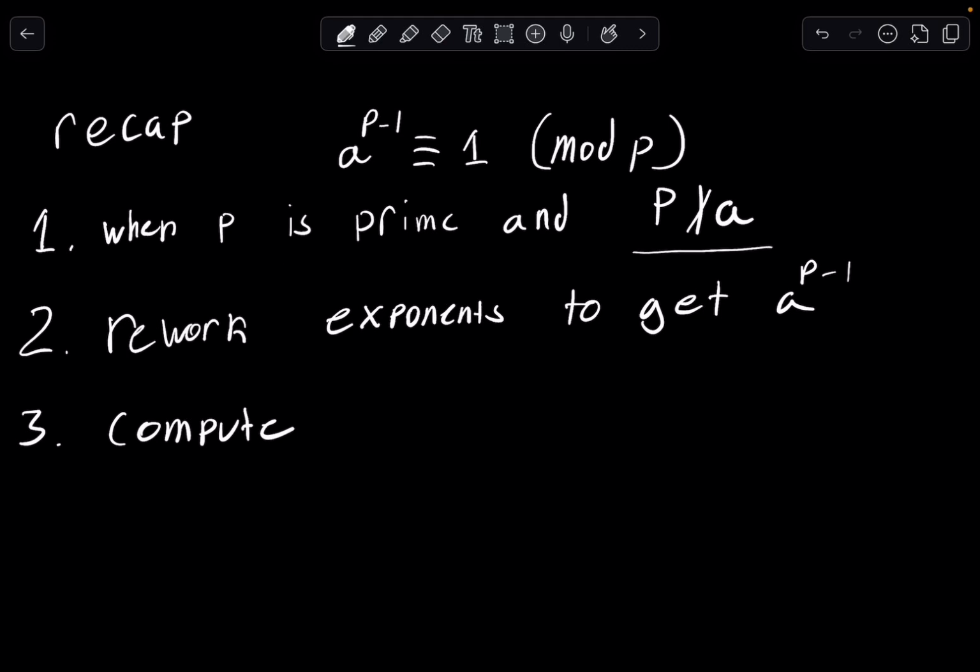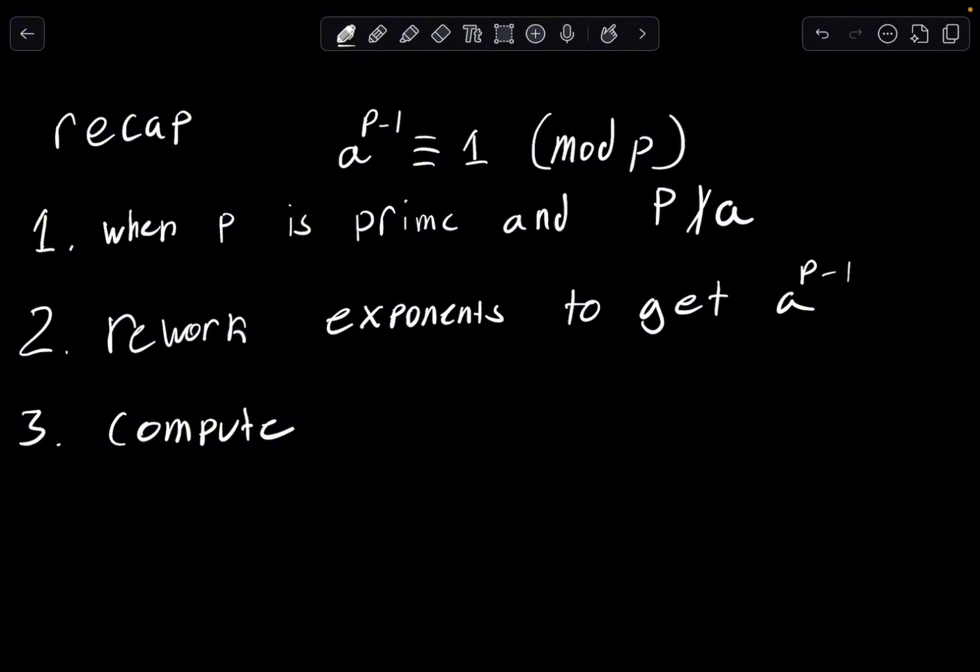And if A is divisible by P, then we also cannot use it. We need both these conditions to be true for us to be able to use Fermat's little theorem. So that's the first step, is check that those conditions are true before you use it.